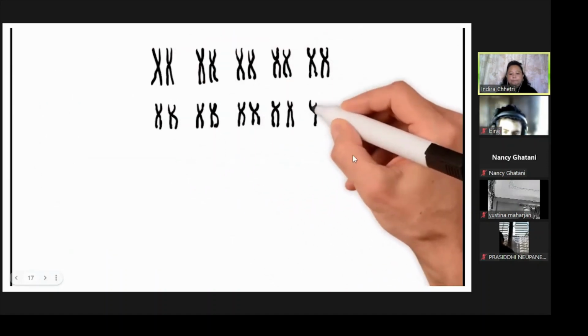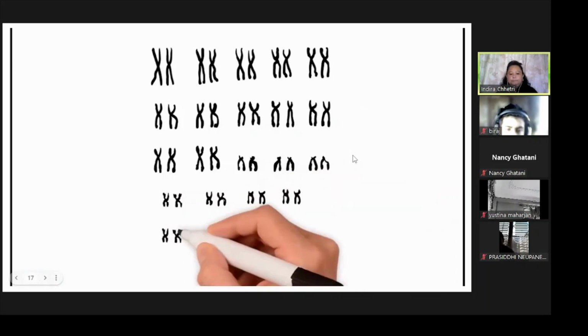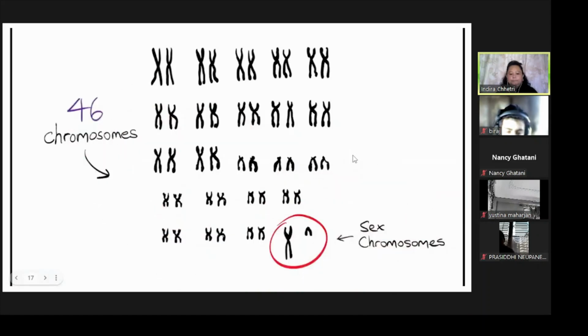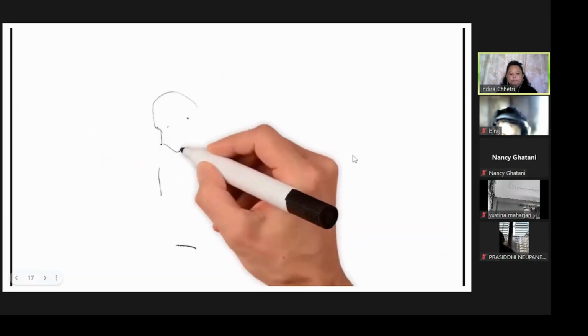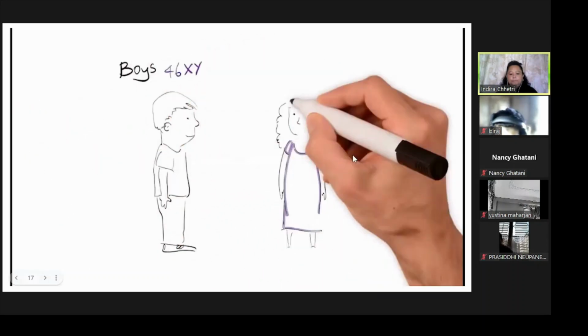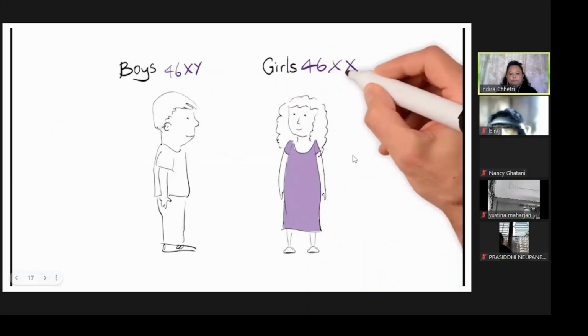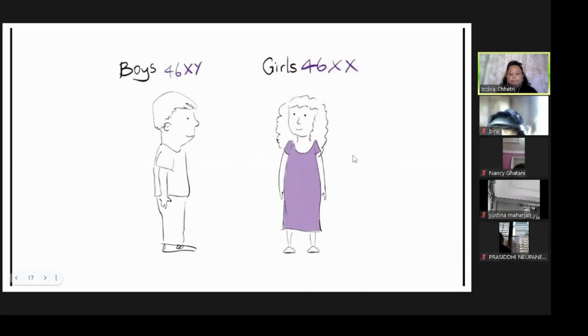Of these 46 chromosomes, one pair is different between boys and girls, the sex chromosomes X and Y. Boys have an X and Y chromosome, while girls have 2 X chromosomes. In girls with Turner syndrome, the second X chromosome is missing or altered in some way. Because of this, their body develops slightly differently.